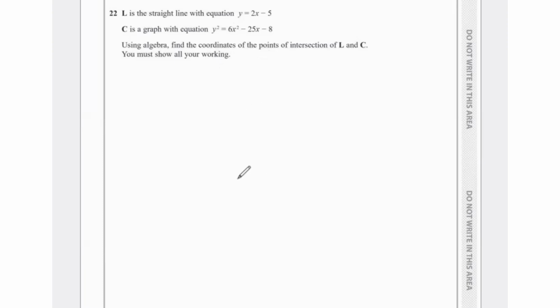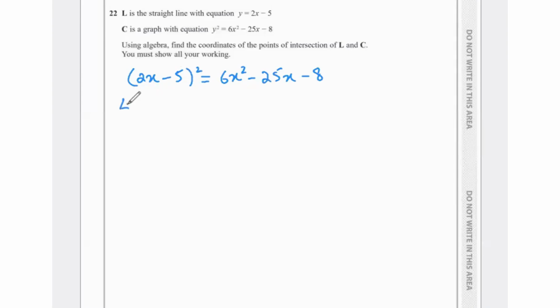So to show the points of intersection, that means they have a common point. For that, we can substitute y with 2x minus 5, because once again, they share one common value of x and y. So that's going to be 2x minus 5 whole squared equals 6x squared minus 25x minus 8. So now we expand the bracket.